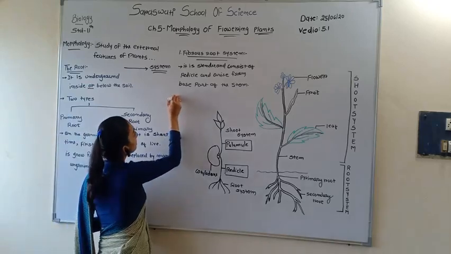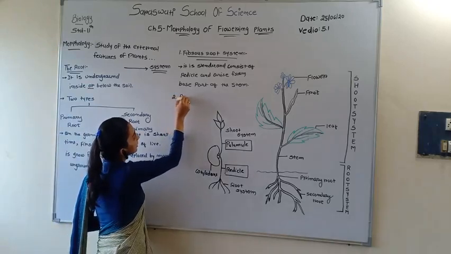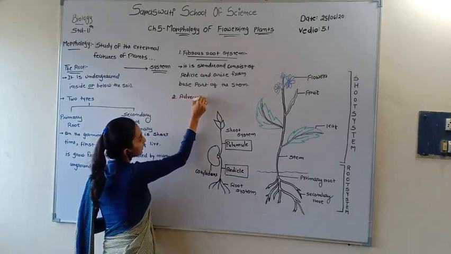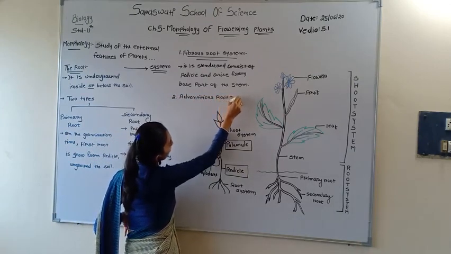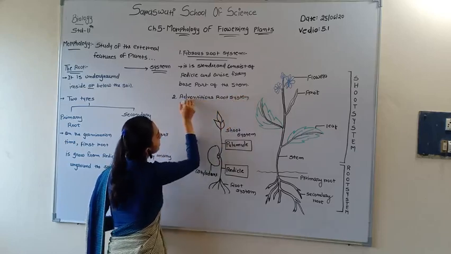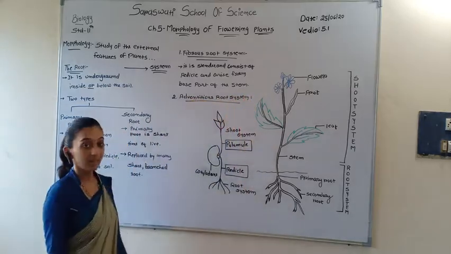But in some plants, there is the adventitious root system. It is the second type of root system.